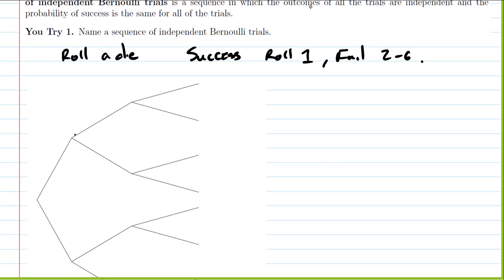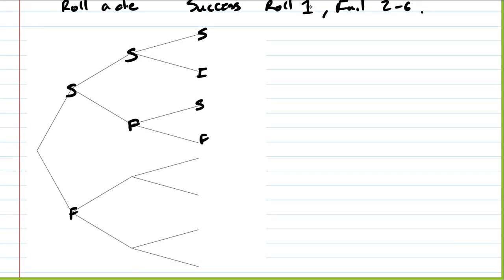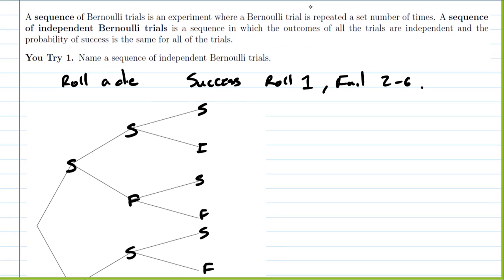So we could have success and then a failure, and then in each branch we would have success and failure, success, failure, success, failure, success, failure, success, failure. So this here would be the event SSS.